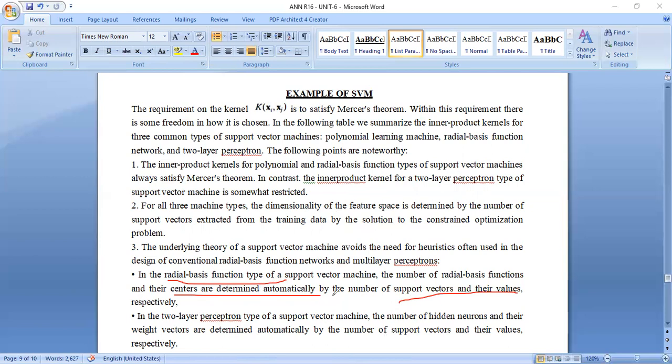And also, if it is a multi-layer perceptron or two-layer perceptron, what do we need in a two-layer perceptron?